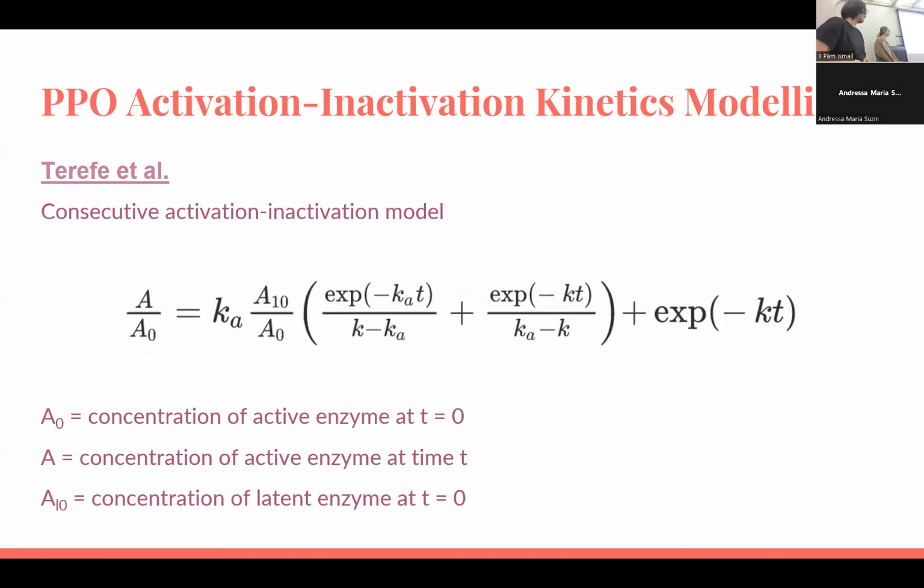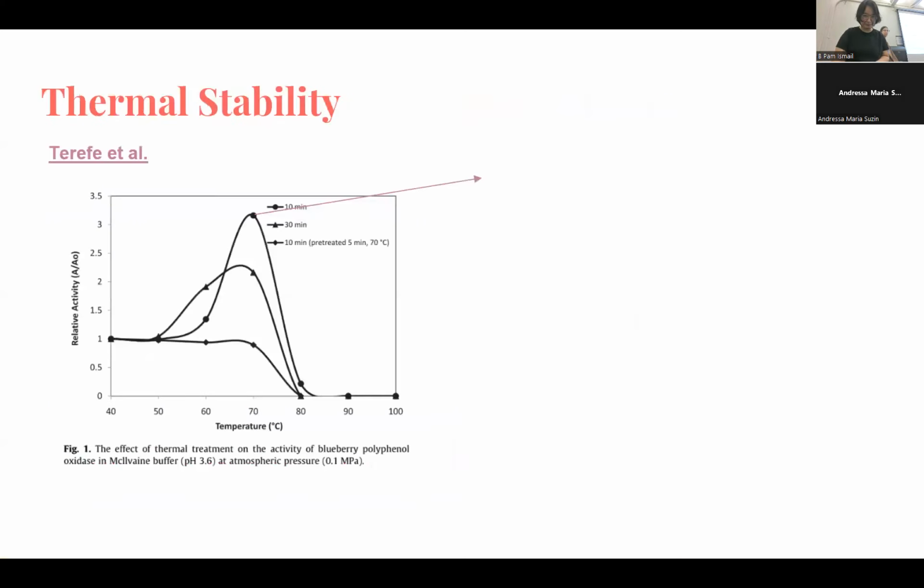I also don't really know what this equation is about, but it was talking about the reaction steps present in the enzyme, and it assumes that all the steps go forward, they're not reversible. But some of the values I'd like you to focus on are A0, and this is not A10, this is AL0, which are the concentrations of active enzymes and latent enzymes at different time points of the graphs that we will show in a little bit.